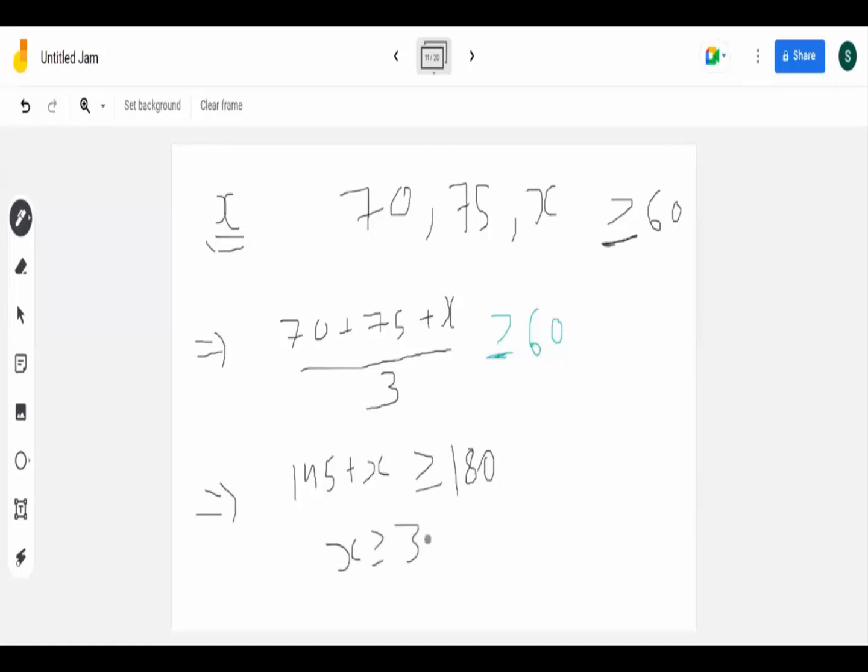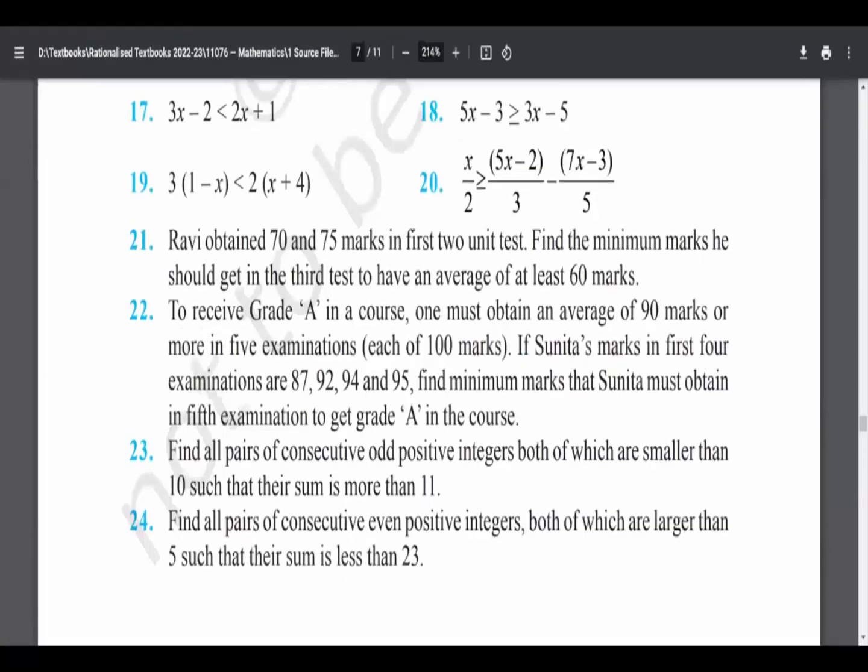The answer you will report is Ravi must obtain a minimum mark of 35 or greater, including 35. The question asks for the minimum marks he should get, so the minimum mark is 35. If he gets 35 or more, the average will be at least 60. Hopefully you got this question.